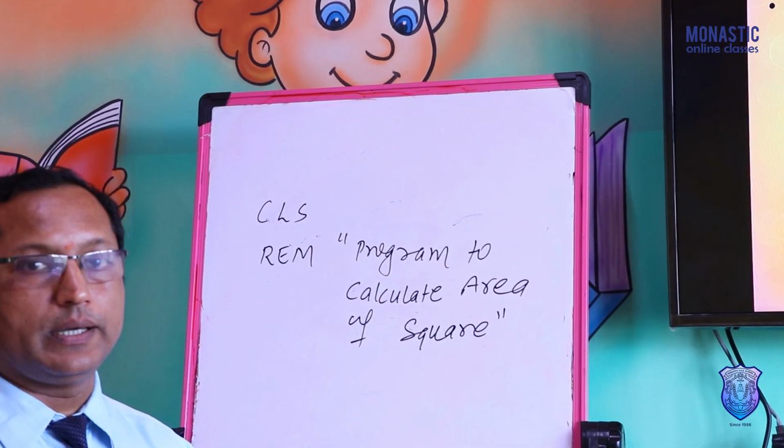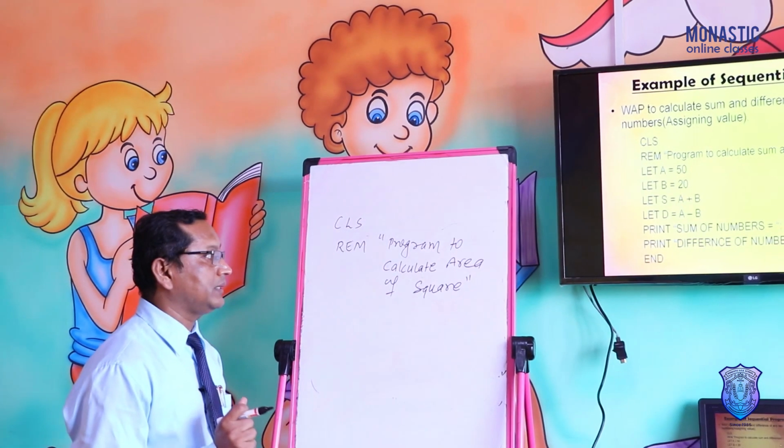To calculate the area of a square, it needs the sides, meaning the length.